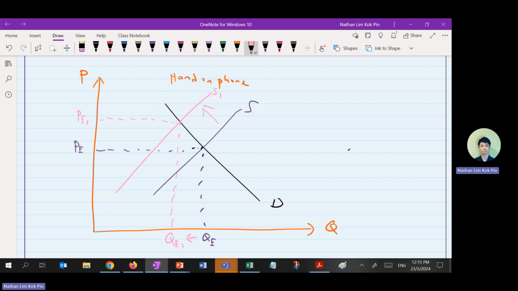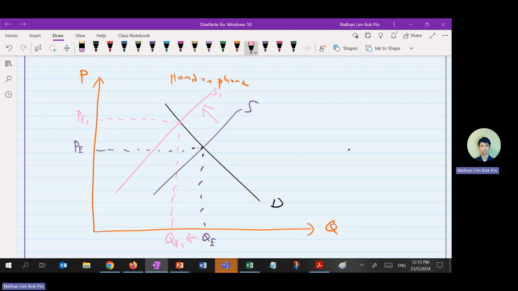So where is the tax burden? The next thing is the tax burden. Just now, where do I draw my new dotted line? I draw it at PE1, Q1, the new equilibrium.